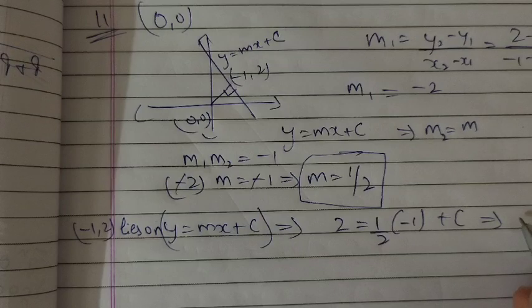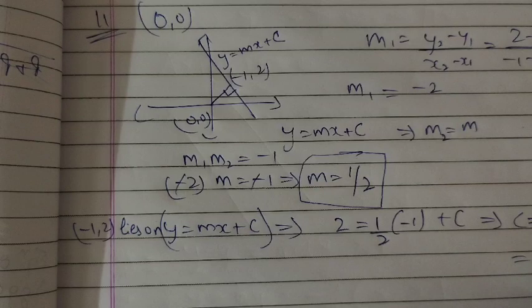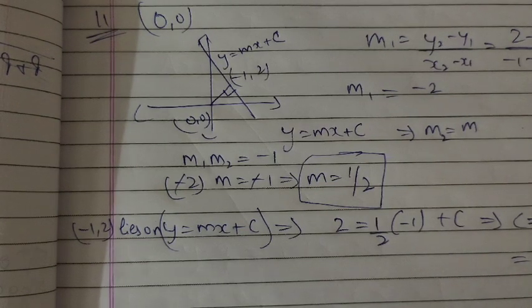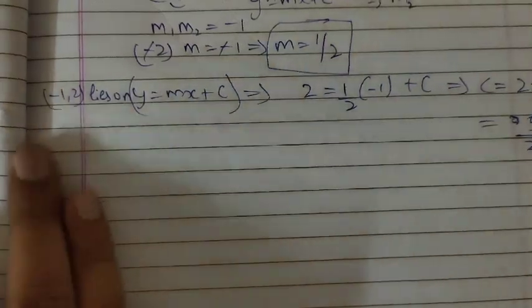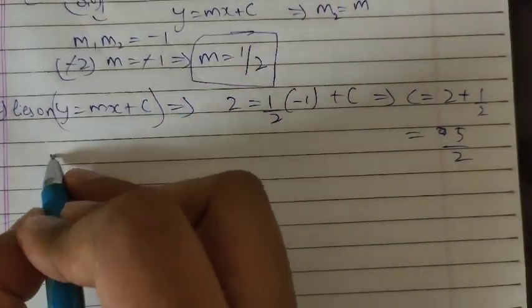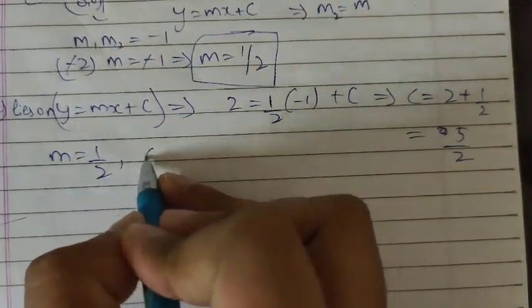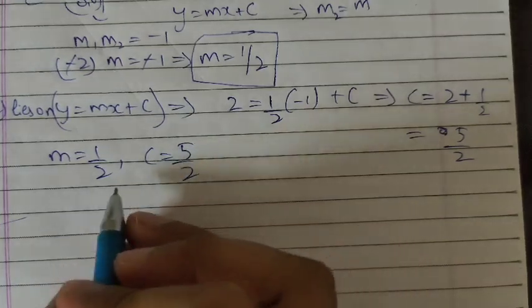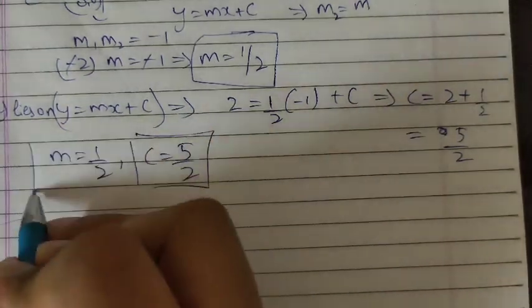This implies c is equal to 2 plus 1 by 2, which is 4 plus 1, 5 upon 2. So m is equal to 1 by 2 and c is equal to 5 upon 2. So these are our answers.